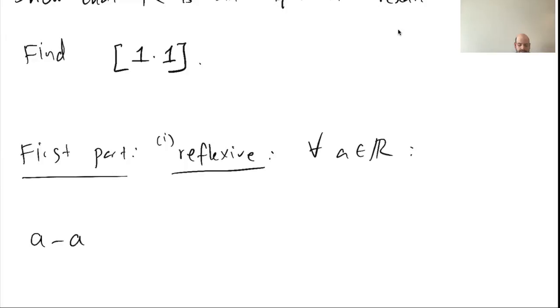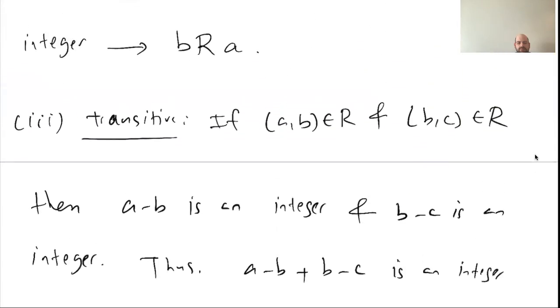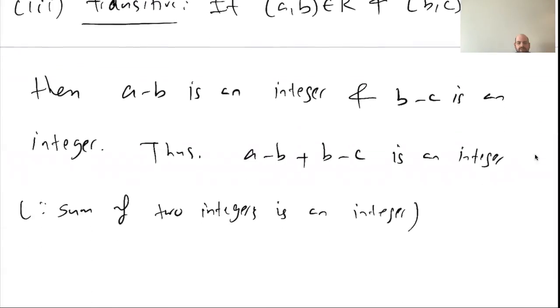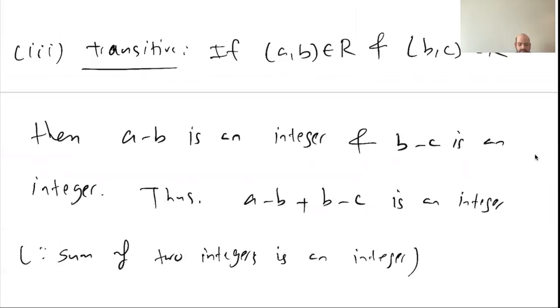Thus, we can conclude that a minus b plus b minus c is an integer, because the sum of two integers is an integer. So if a minus b and b minus c is an integer, then a minus c is an integer as well.